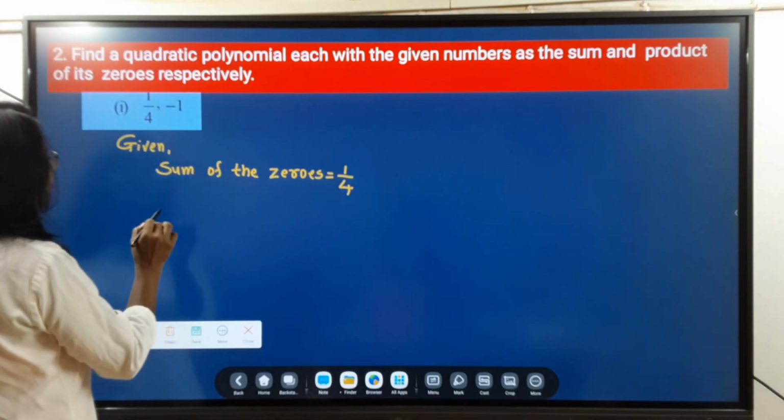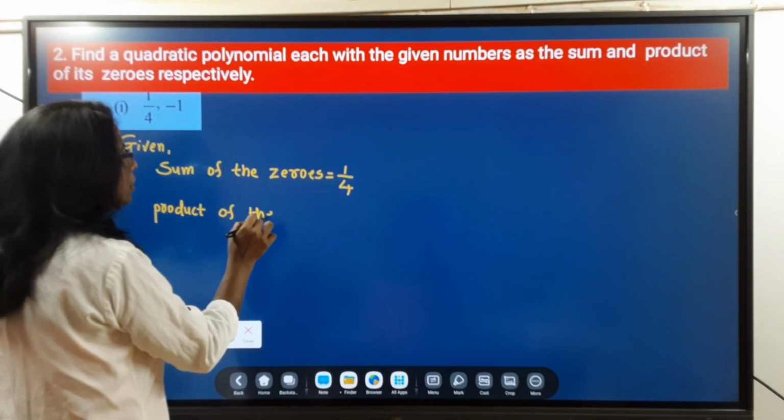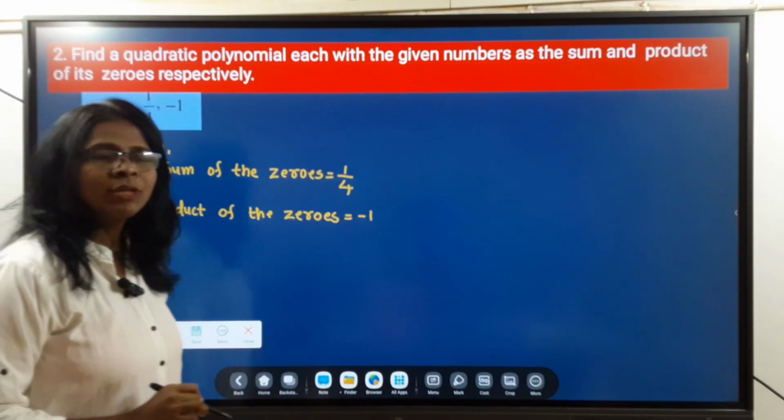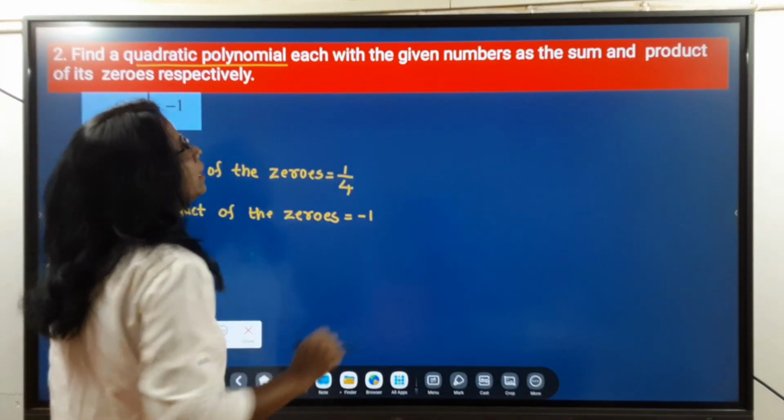And students, the second number, that is the product of the zeros. So product of the zeros is equal to minus 1. Okay students, then we have to find out the quadratic polynomial.